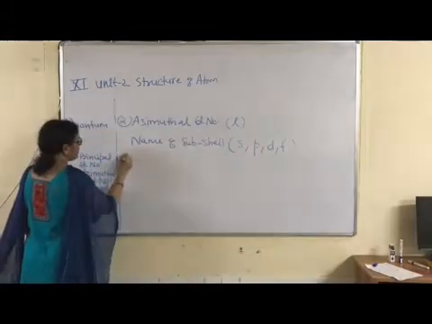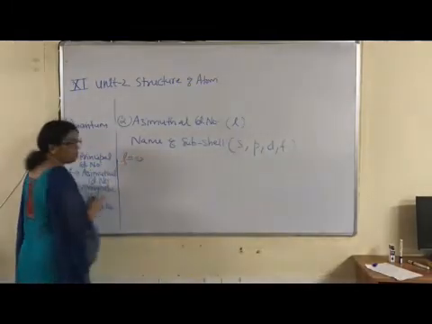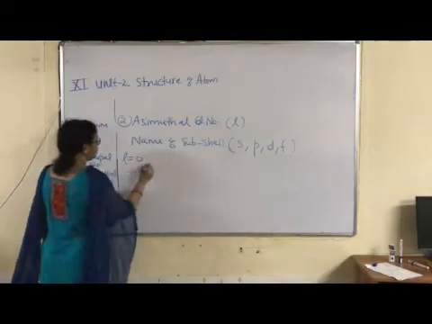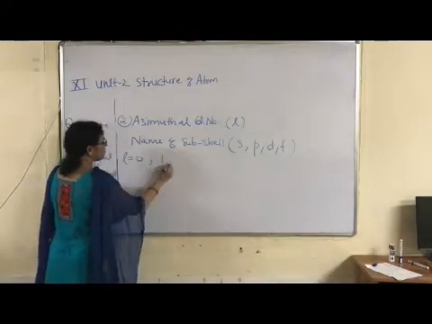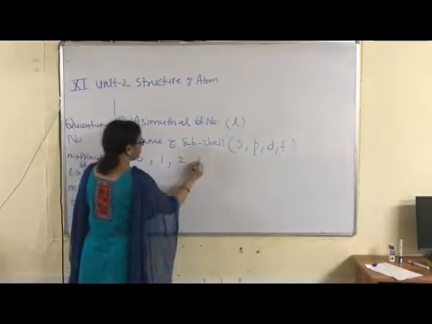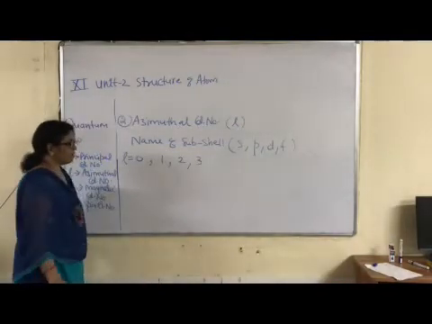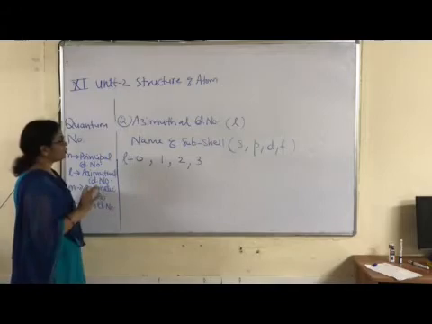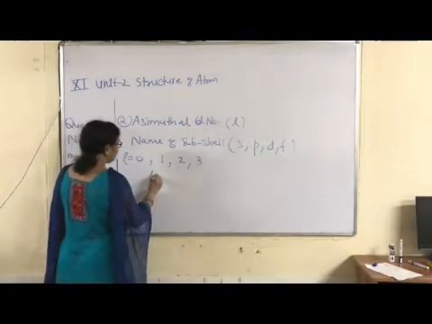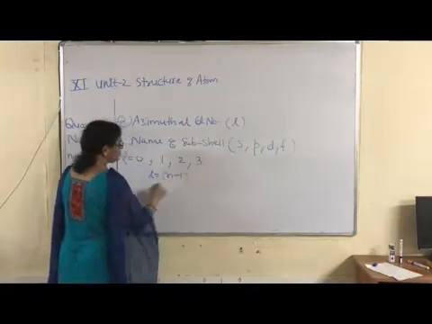The first value of l starts from 0, the next value is 1, the next value 2, and then 3. What is the general formula for calculation of the secondary quantum number or azimuthal quantum number? l is equal to n minus 1.